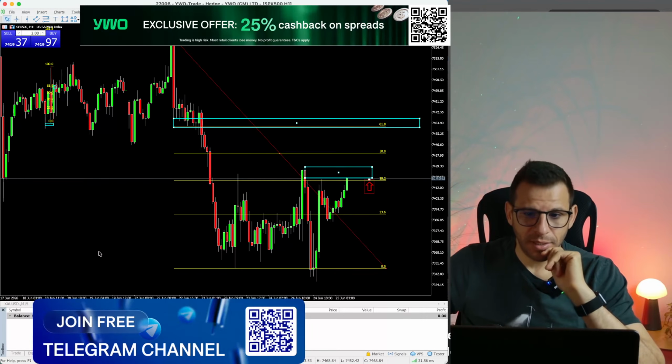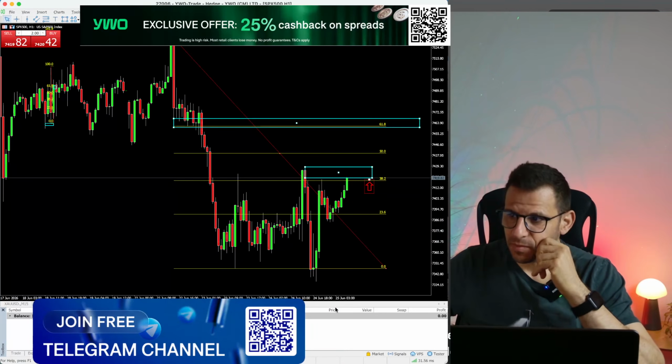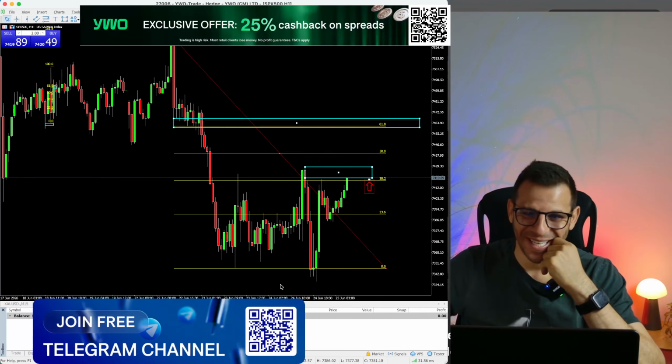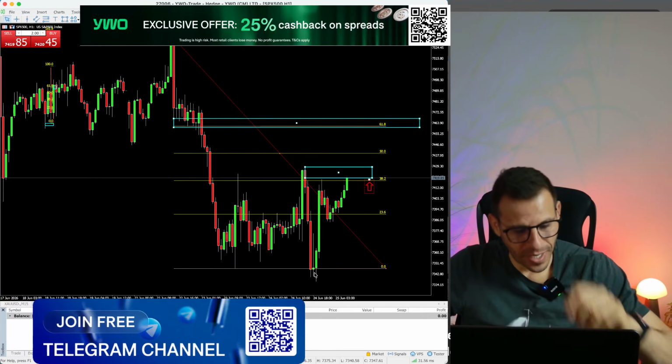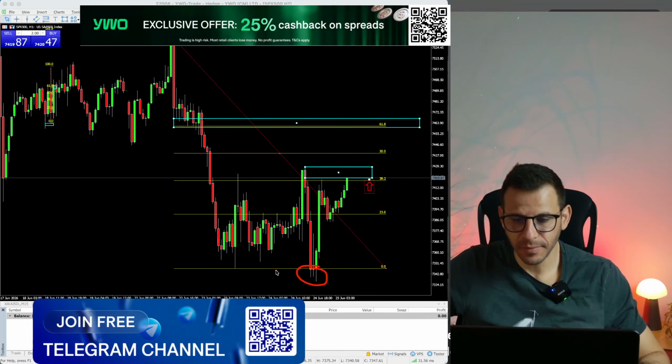And why is that? Because of the experience. Okay, there is also a false breakout here. This one. False breakout at the bottom.